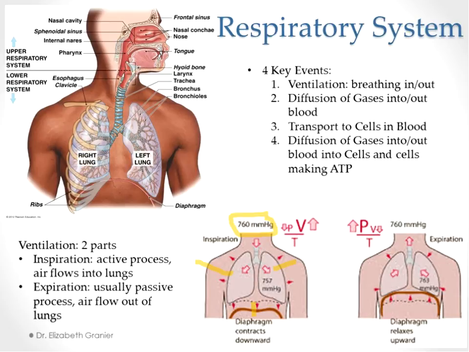So now there's 3 millimeters of mercury difference between what's inside the lungs versus what's in the air. And that causes the air to want to move by diffusion from high to low, and air will flow into the lungs and exchange and interact with alveoli and blood in the alveoli. All right, so pressure gradient, same concept.